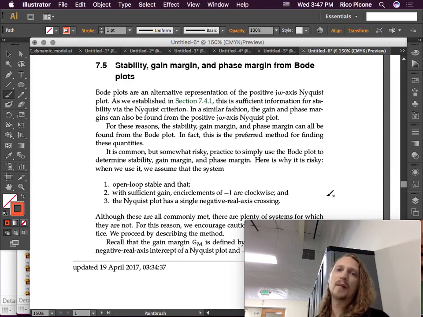So it is common but somewhat risky practice to simply use the Bode plot to determine stability, gain margin, and phase margin. Here's why it's risky.